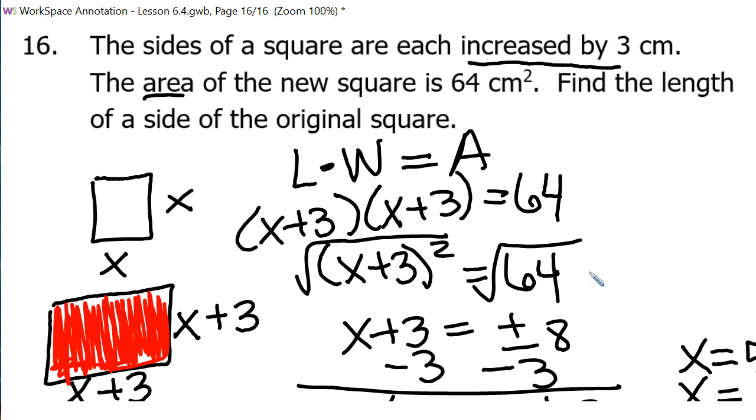Now, normally with word problems, you can throw one of them out because it's going to be extraneous, so which one can we throw out? Negative 11 can be thrown out. Why can we throw out the negative 11? Yeah, the side length cannot be negative, so the correct answer was 5. So that means the original length of that square was 5 centimeters long.